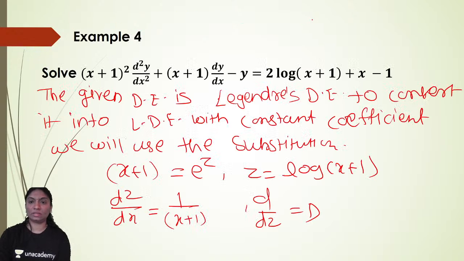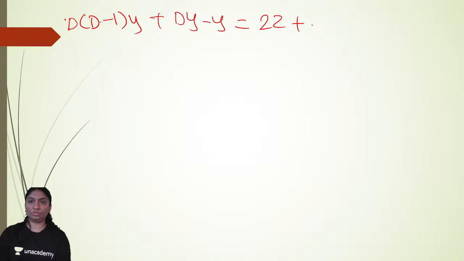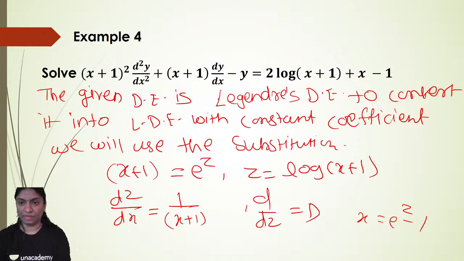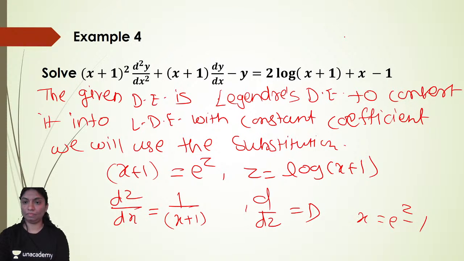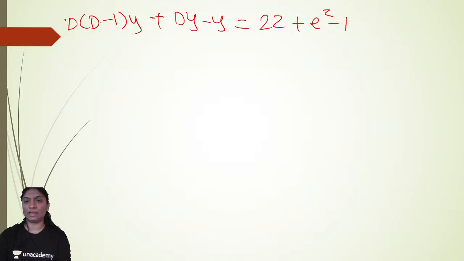See, x plus 1 is equal to e raised to z. So your x becomes e raised to z minus 1. So here we can write e raised to z minus 1 and plus 1, e raised to z minus 1 minus 1.